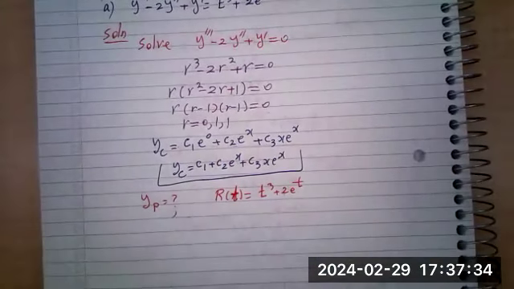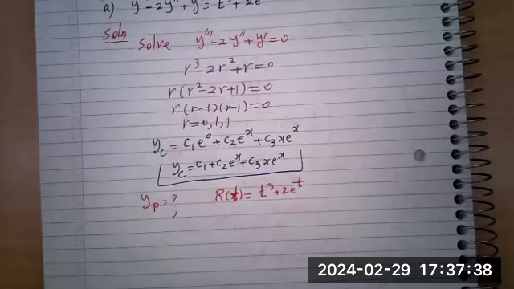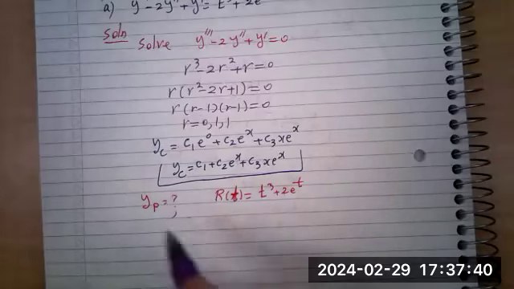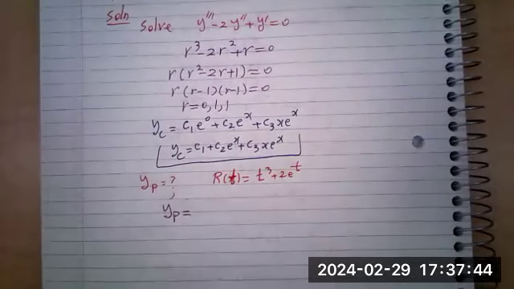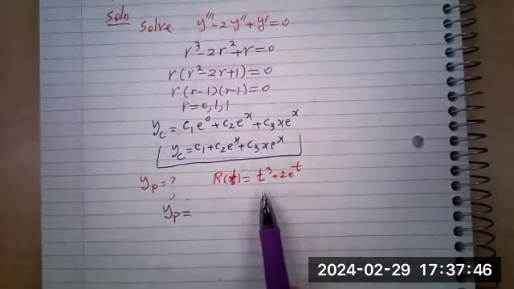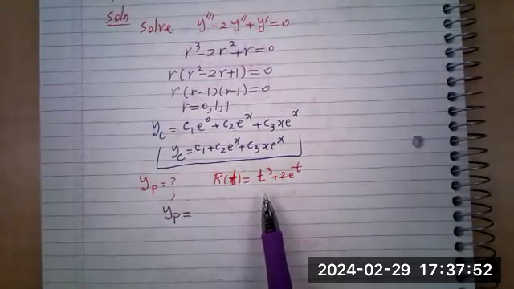When you want to write it, you just consider two cases, but we put them together, okay? So this is it, yp equal to the first one. The first one is a cubic polynomial, so you have to write down a cubic polynomial with undetermined coefficients.